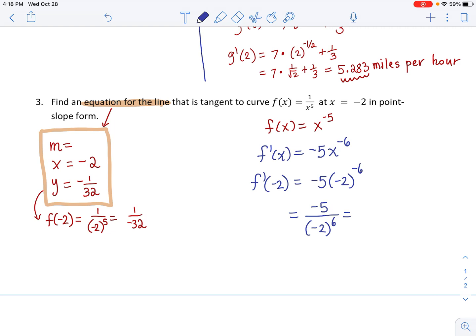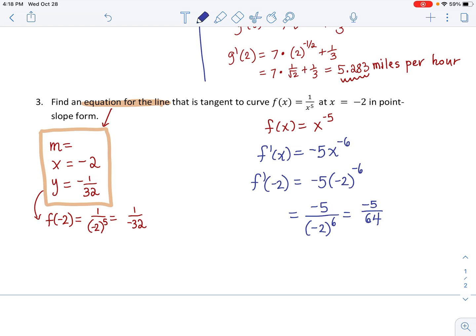I just did that negative 2 to the 5th power is negative 32. So I just need to multiply 32 by 2 one more time to go from 5th power to 6th power. So that's going to be 64. But since we're taking an even power, that's going to turn into a positive 64. So the slope is negative 5 over 64.